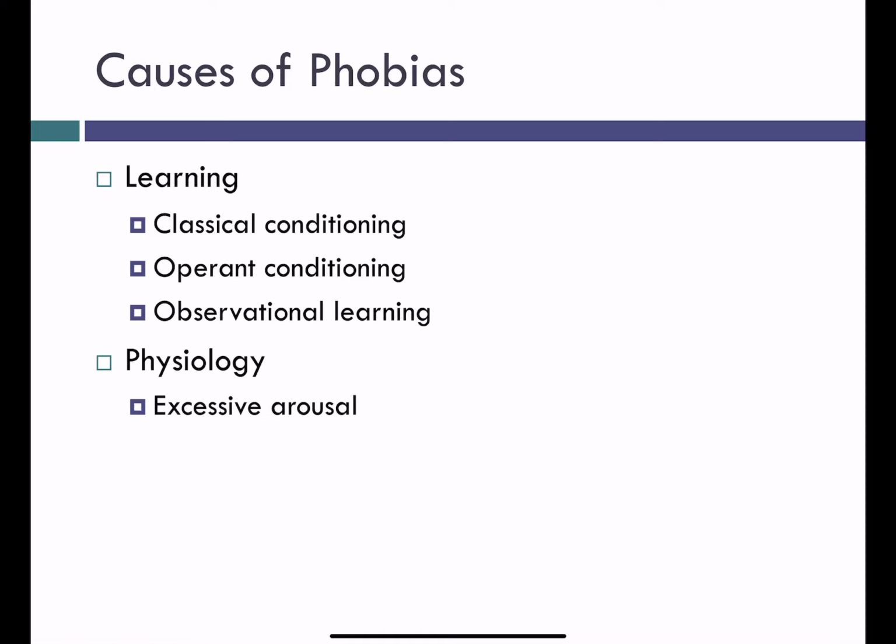So maybe someone was excessively punished for something when they were a child and that led to a phobia. Or observational learning, where maybe you witness something bad happening to other people and that can lead to fear. But there's also some evidence that these can be physiologically based too. So it seems like people who are more prone to phobias have excessive physical arousal. They have a really high startle response, which is an innate and biological response, and those people are more likely to develop phobias and anxiety.